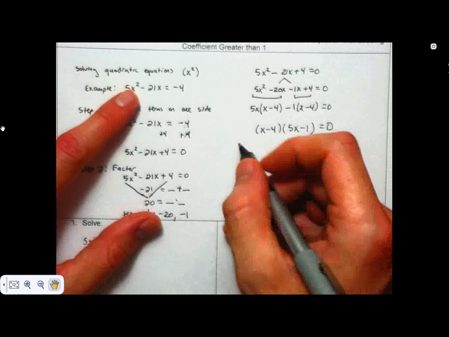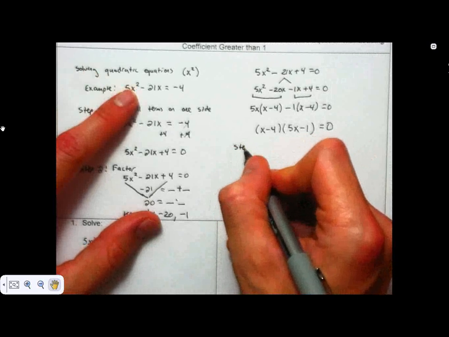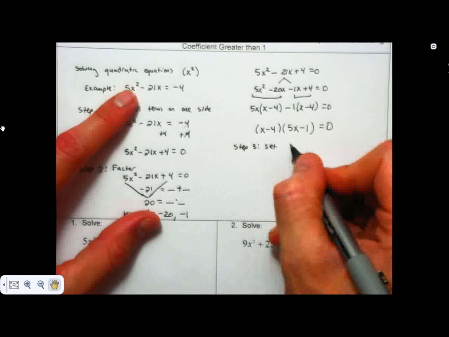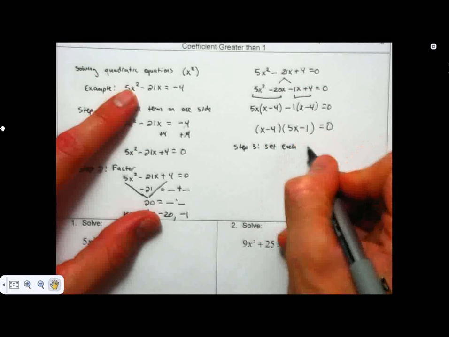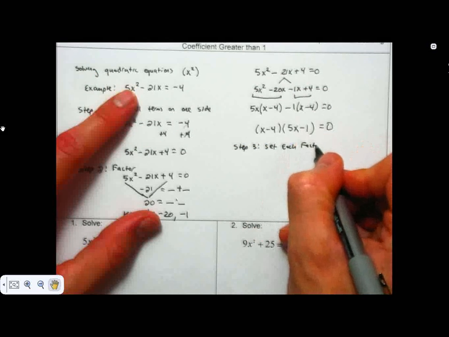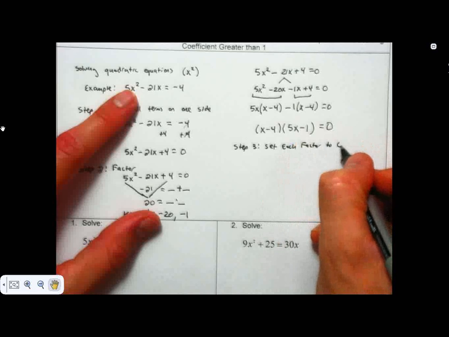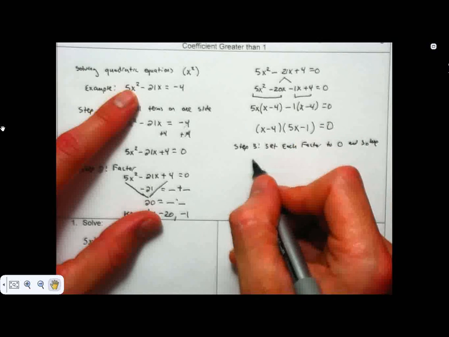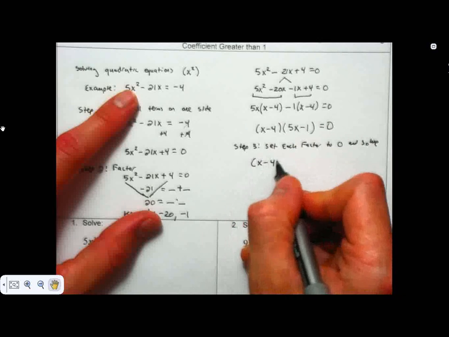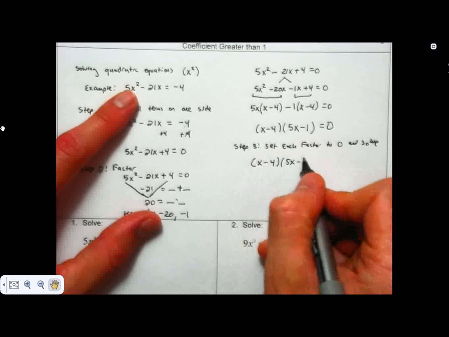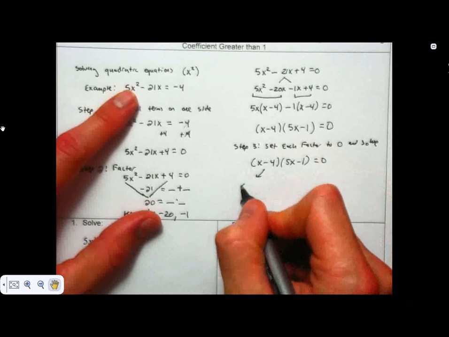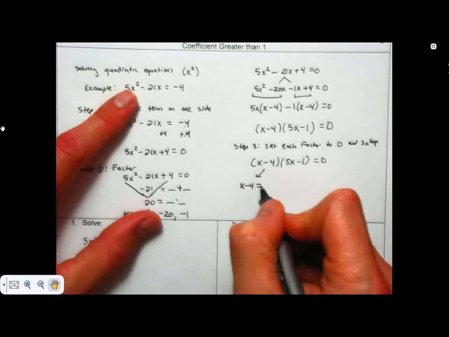So what that means for step 3 is we're going to set each factor to 0 and solve. And so we've got x minus 4 times 5x minus 1 equals 0. So I'm going to take this first factor, which is x minus 4, and set it equal to 0.